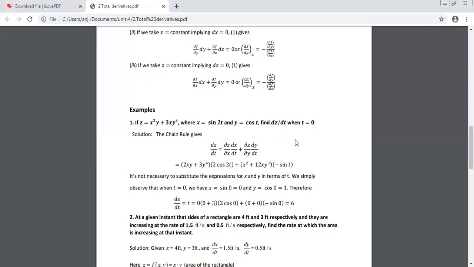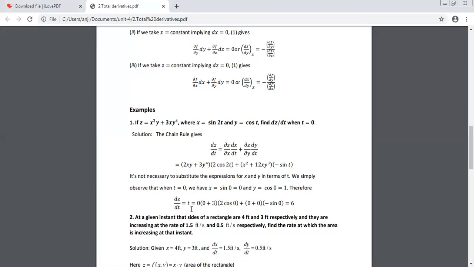Now we have to find this dz/dt at t equals 0. Now substitute t equals 0. When t equals 0, what is the x value? x equals sin 0, which is 0. So x equals 0 and y equals 1.